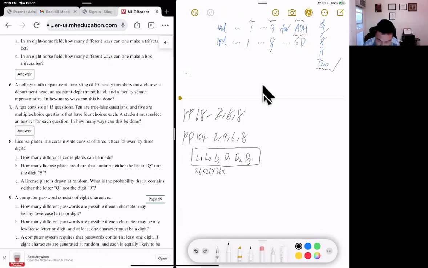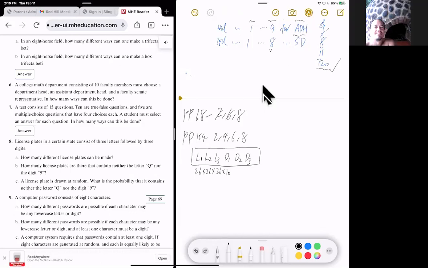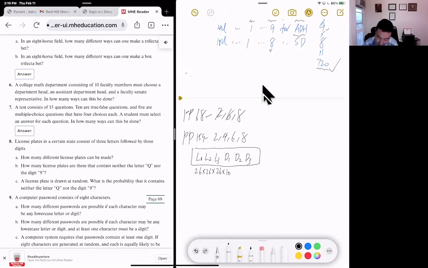Then the fourth position will be a digit. For digit 1, D1, how many choices do we have? We have 0, 1, 2, up to 9, so we have 10 choices. We can choose one from the 10 digits.